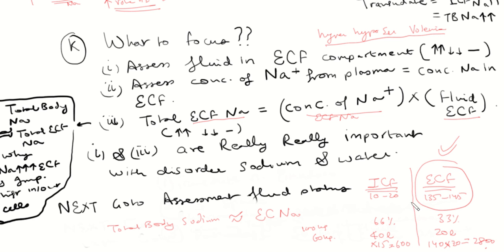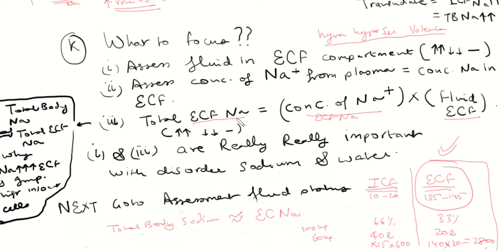So most of the sodium of the body is housed in the extracellular space. So I need to know how much fluid the extracellular space has. I need to know extracellular sodium concentration, which I can get from plasma. That will give me an idea of total sodium in the extracellular space, which is the biggest contributor to how much sodium is there in the overall body.